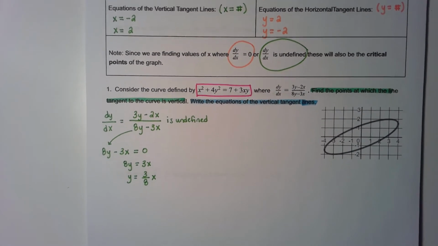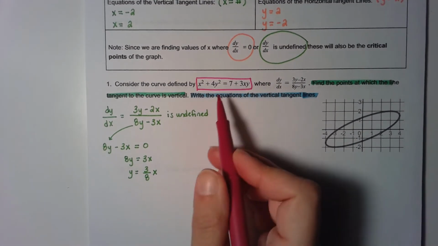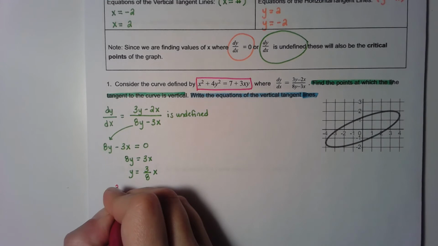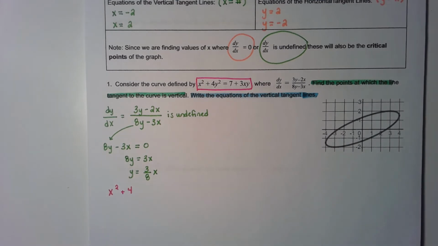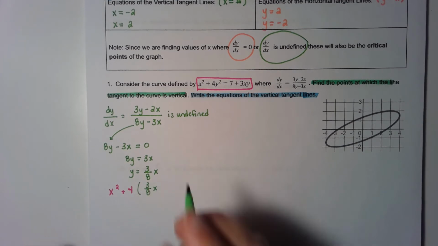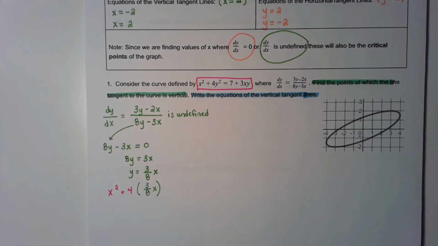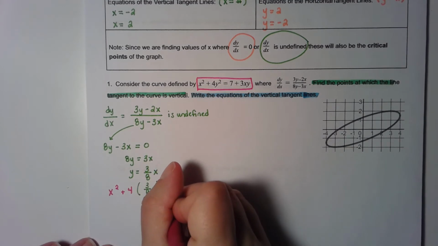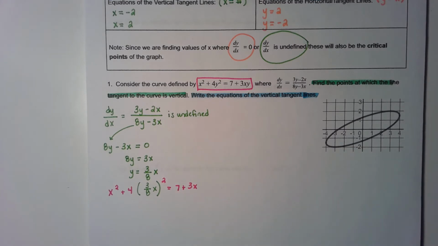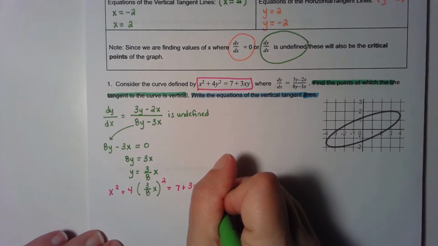So the next step is going to be to substitute 3 over 8 x into this equation every time you see a y, so that now we have an equation with only one variable. So let me show you an example. I'm going to keep the x squared, that's going to stay, plus 4, and then instead of y, I'm going to write 3 over 8 x, squared, equals 7 plus 3x, and then instead of y, I'm going to write 3 over 8 x.